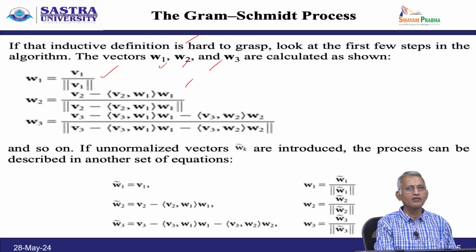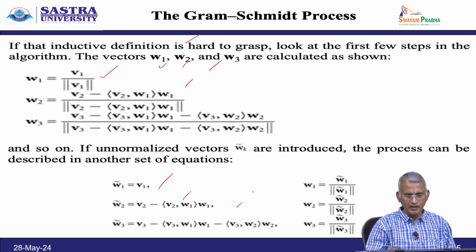So, if unnormalized Wk is introduced, then the process can be described by another set of equations. Call W1 equal to V1, where W1 stands for W1 by norm of W1, W2 equal to V2 minus V2 comma W1 into W1, where W2 equal to W2 by norm of W2, and then W3 equal to V3 minus inner product V3 comma W1 into W1 minus V3 comma W2 into W2, where W3 equal to W3 by norm of W3.